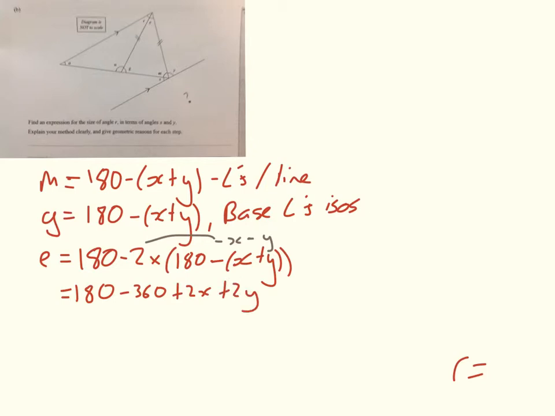One more simplifying. What's 180 minus 360? Negative 180, plus 2x plus 2y. Are we on the right track? Yeah, we're on the right track. They've factorised out the 2, but we'll leave it at that.